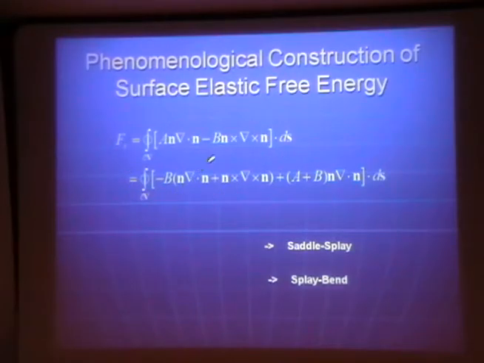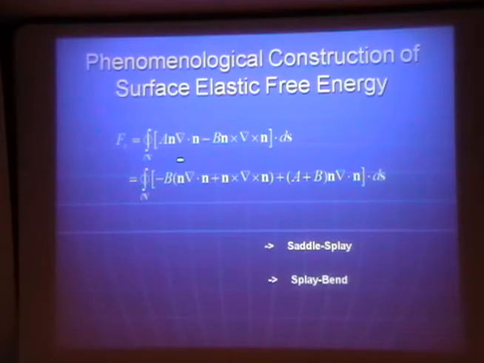From the phenomenological point of view, we can construct a surface contribution by means of phenomenological coefficients A and B, containing the first vector and the second vector. This is splay, this is bend.